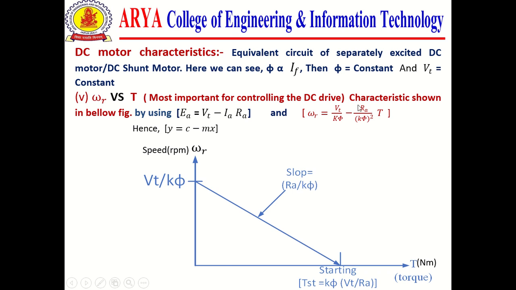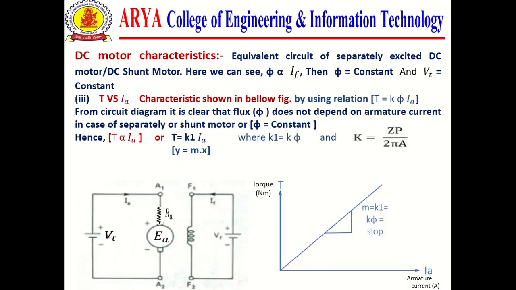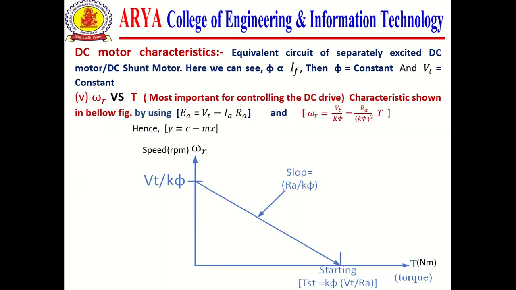But here you can see the field weakening. If current is increased, there is an impact on flux. Here you can see Ia equal to T upon phi. So for constant torque drives, phi is also changed.